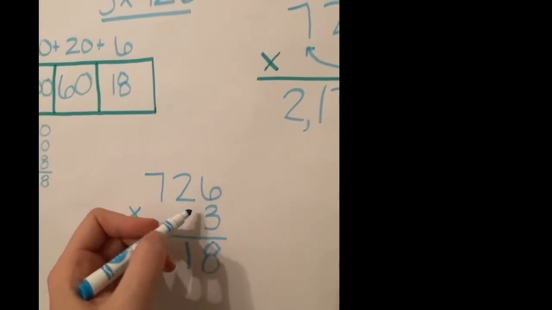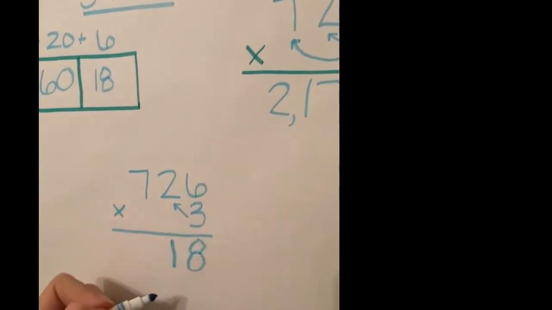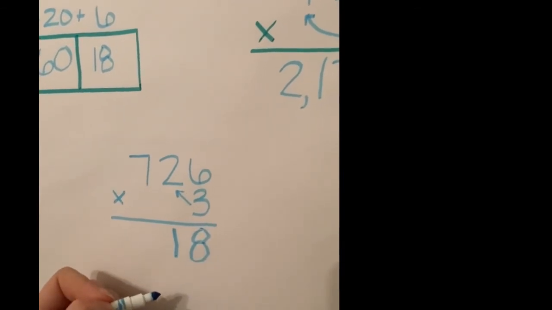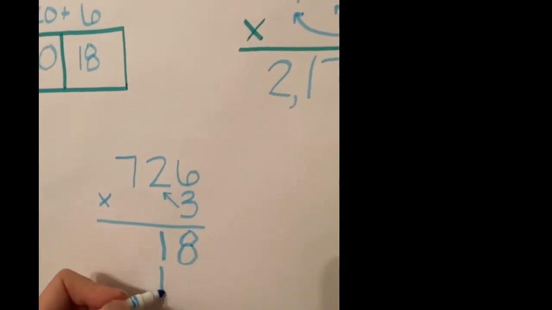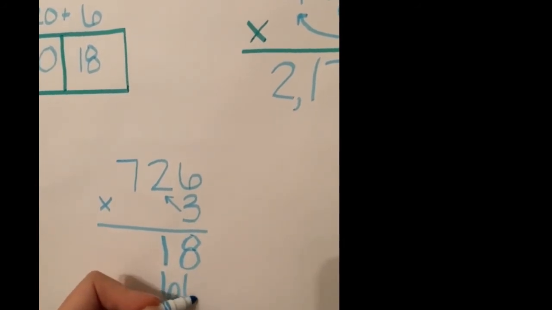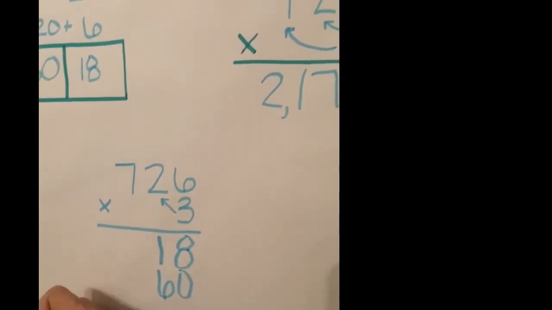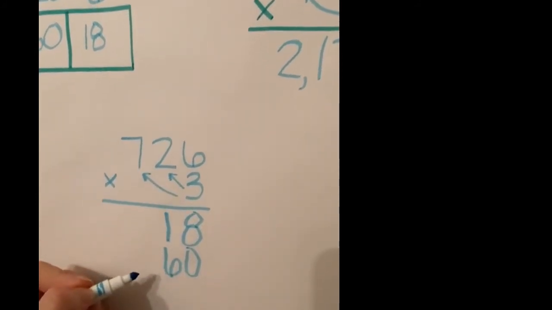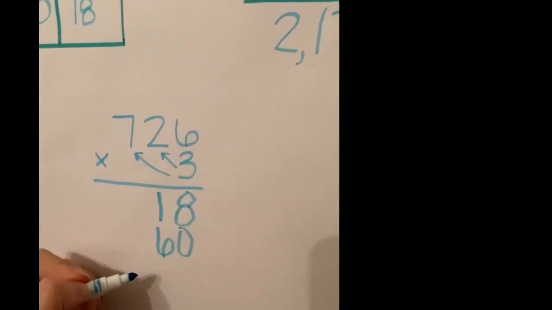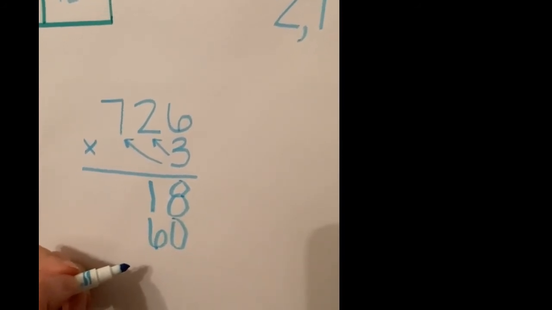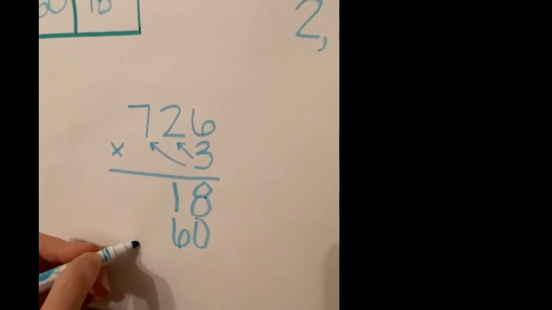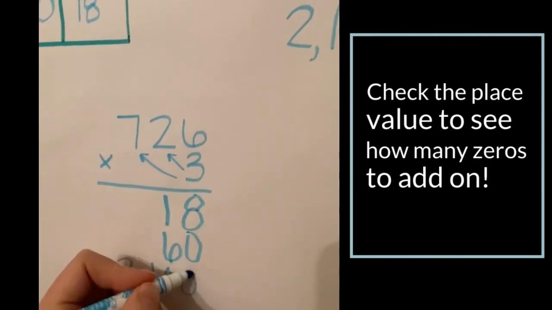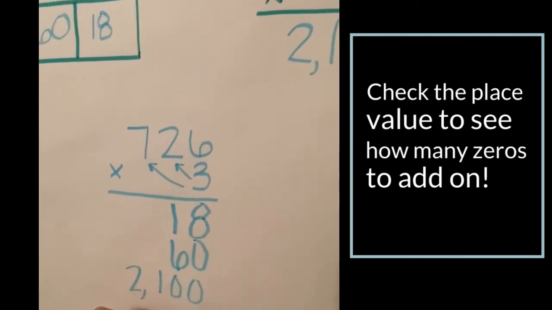And then I'm gonna still go this way and do 3 times 2, but I still need to remember it's 3 times 20, which is 60, and I'm just gonna write that underneath the 18 this time. And then my last digit, which is a 7 or 700. So 700 times 3 or 7 times 3 is 21. And when I plug in my 2 zeros from the 100, then I get 2100.